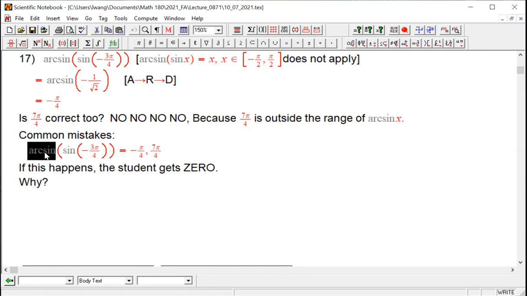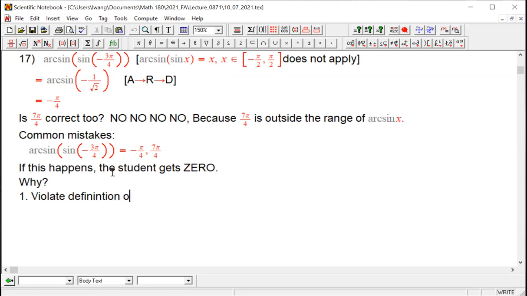Because you need to understand ArcSine is a one-to-one function. As a function, for that input it produces only one output. It should never have two outputs. That violates, number one, the definition of function.